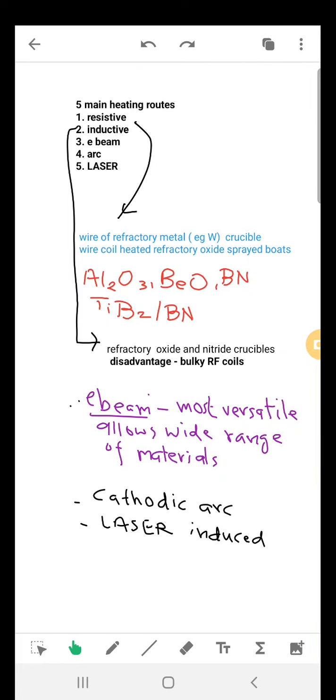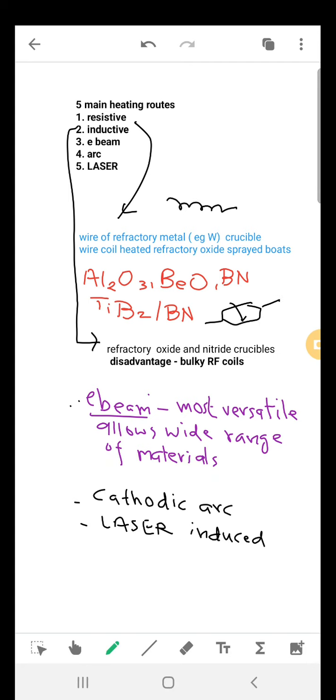Now, there are five ways by which we can provide the Joule heating: resistive, inductive, using an electron beam, using an arc, and using a laser. In the resistive method, we use a wire of refractory metal, for example tungsten, shaped like this, or we can use a boat-like substance.